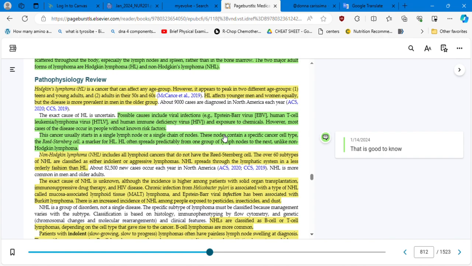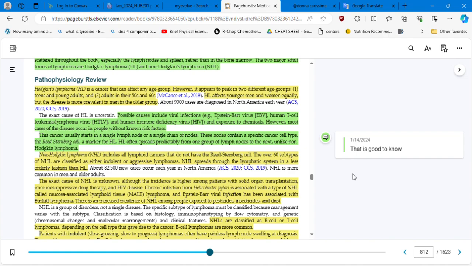This cancer usually starts in a single lymph node or a single chain of nodes. This node contains a specific cancer cell type called the Reed-Sternberg cells, and that's good to know. I want you to focus and remember this. There is a difference between malignant lymphomas and multiple myelomas, okay? This particular type of cancer has the presence of the Reed-Sternberg cell in HL.